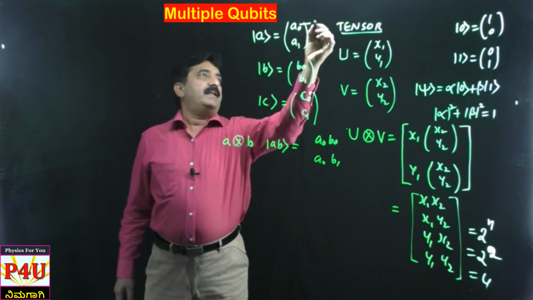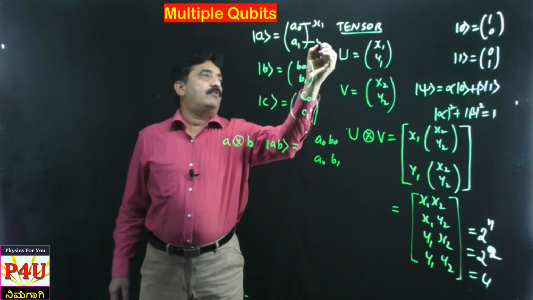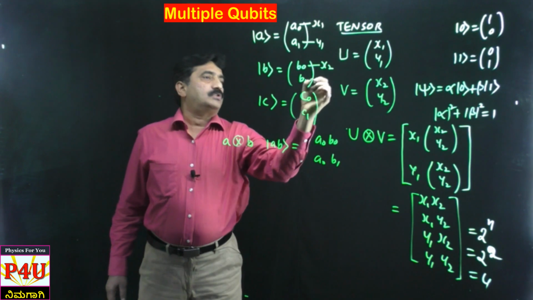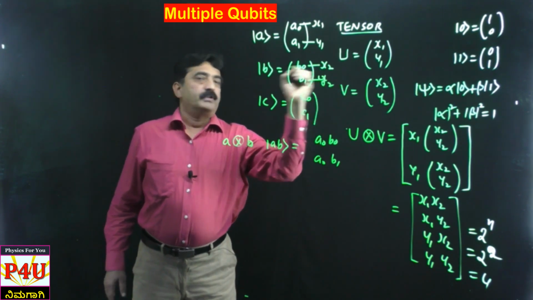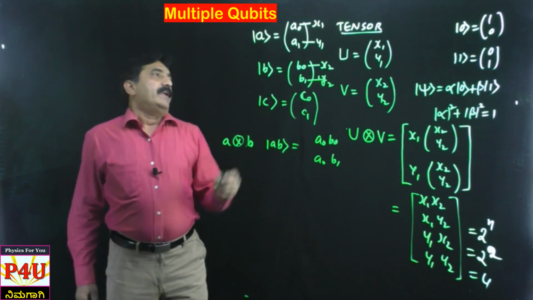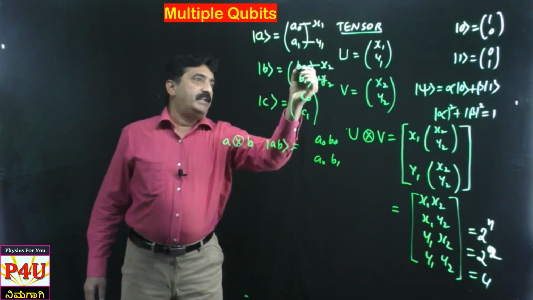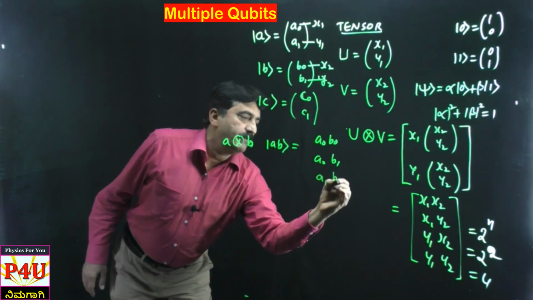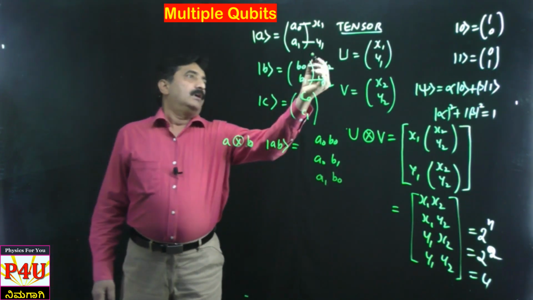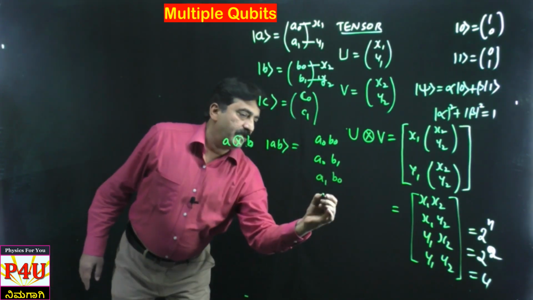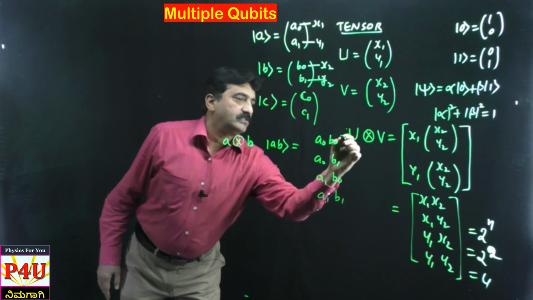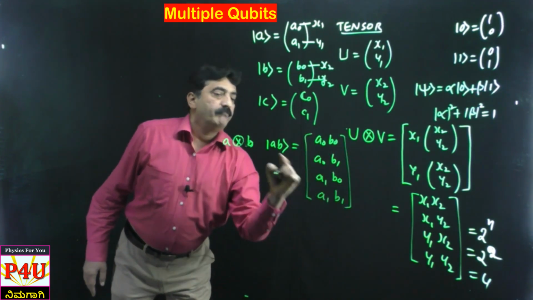This is something like x1, this is y1, this is x2, this is y2. Next y1 x2, that is a1 b0. Next y1 y2, that is a1 b1. So this I am going to generate when I go for AB.